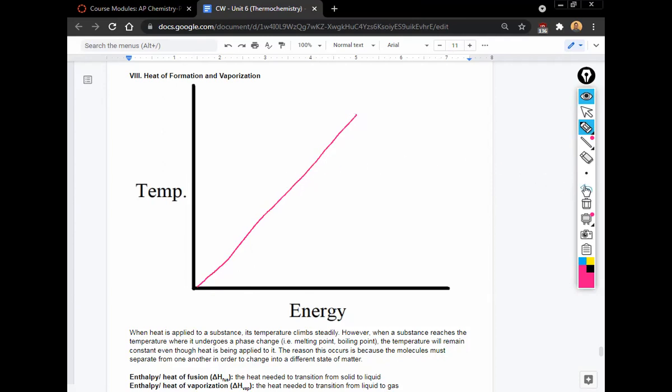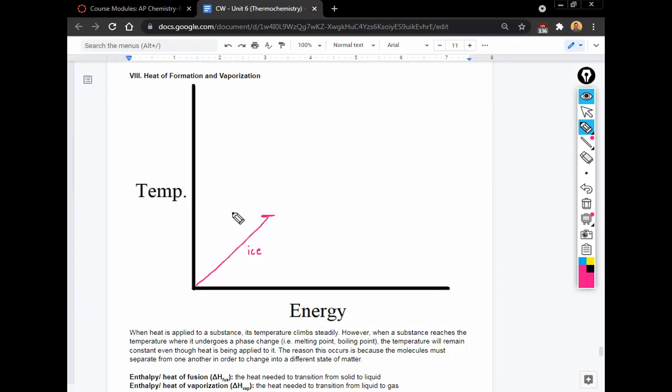Okay, it's kind of weird, but normally, like if we had water or a piece of ice, if I put energy into it, the temperature is going to go up, right? So this will be my ice. However, there's a point where the ice is going to change into something else. What does ice change into if you heat it up? Yeah, it's going to turn into agua, water, right? Now, what's the process we call from going from ice to water, solid to liquid? Yeah, we call that melting.